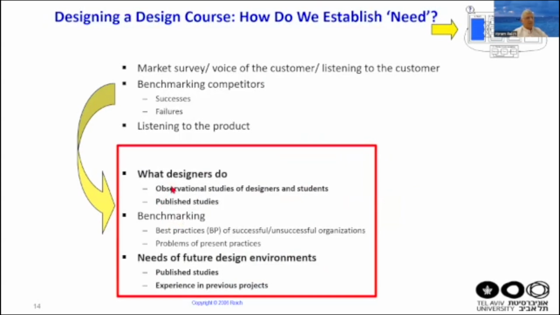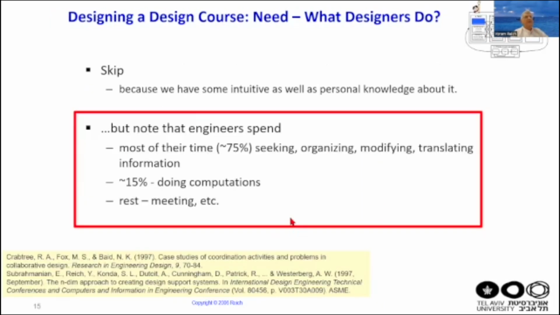We looked at what designers do. Some of this basically came from studies that Sab did before at Carnegie Mellon in his research, and some from new research that was available. We also looked at the needs for future design environments. Okay, not just what they do today, but what they might need in the future.